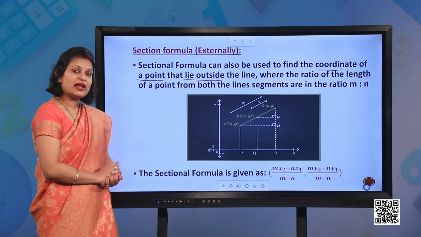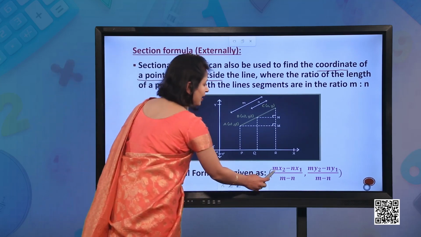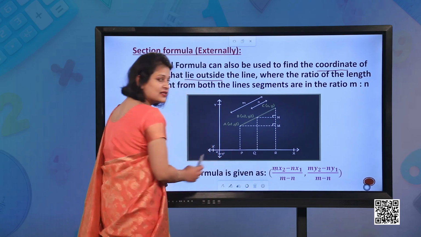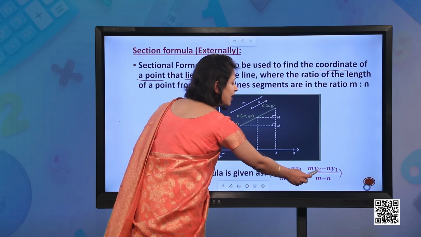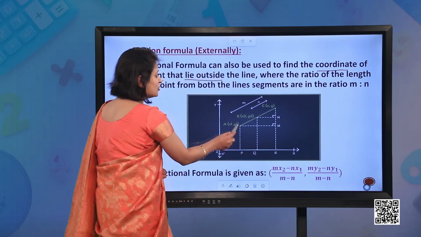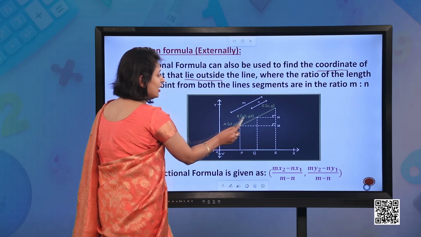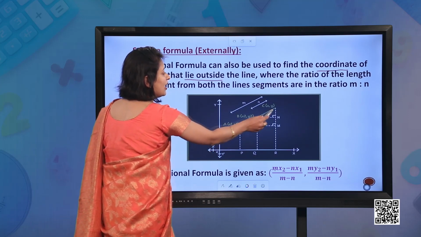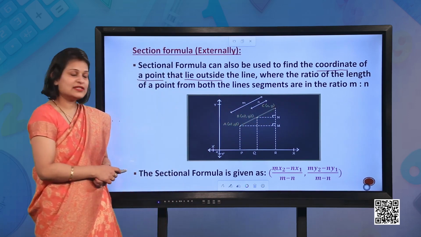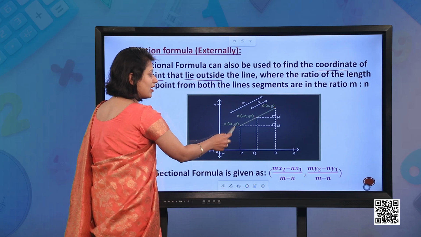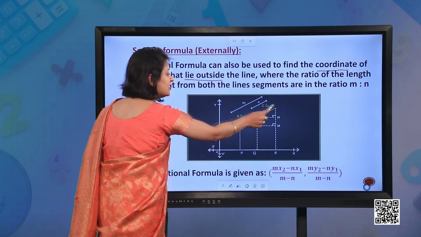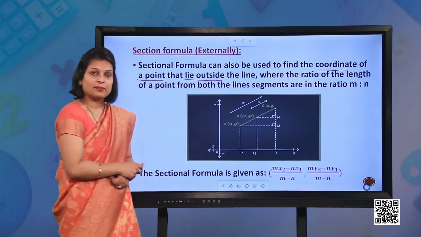The section formula is given by (mx2 minus nx1) upon (m minus n) and (my2 minus ny1) upon (m minus n). As you can see, this is point A, this is point B and this is point C. We need to find the coordinates of point C, where A is (x1, y1), B is (x2, y2), and C divides AB in the ratio m:n.